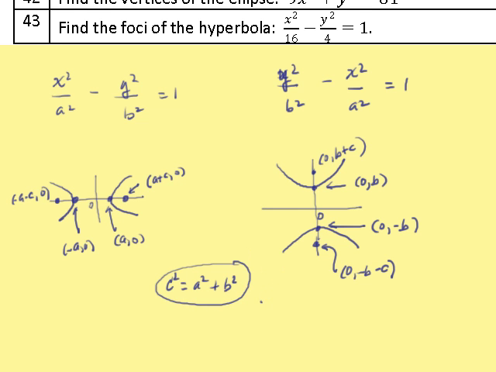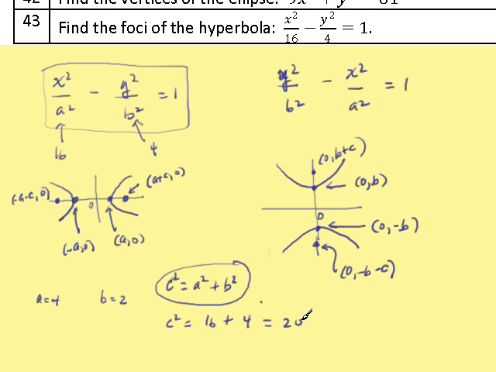All right, so ours is of this form because the x squared term comes first. And so in our case, a squared is equal to 16, and b squared is equal to 4. So we have that a is equal to 4, and we have b is equal to 2. So c squared is equal to a squared, 16, plus b squared, 4.